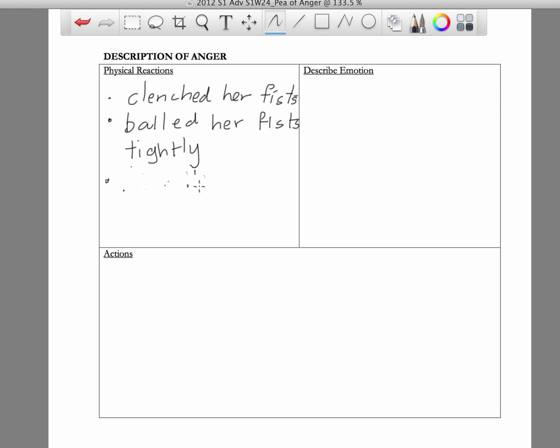Okay, what I wanted to say is that when mom saw the banana in Sam's hand and realized what had happened, we say that her lips thinned in displeasure.